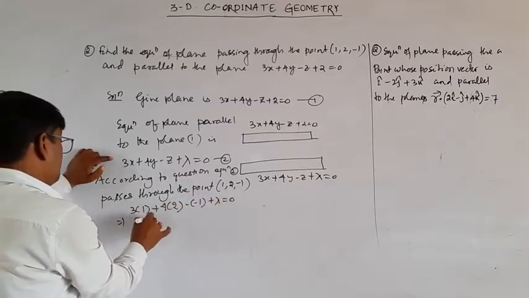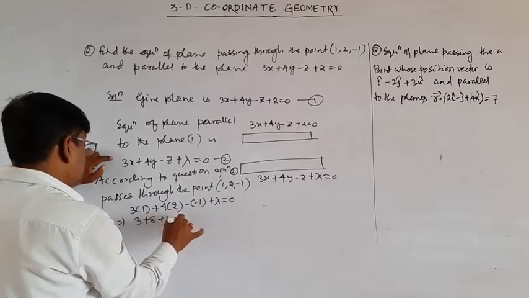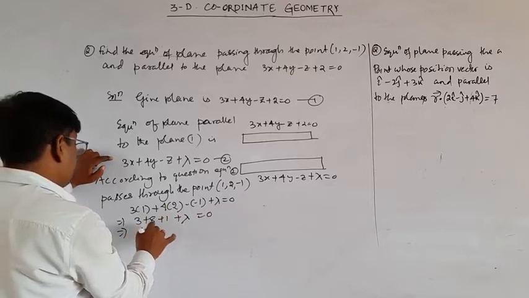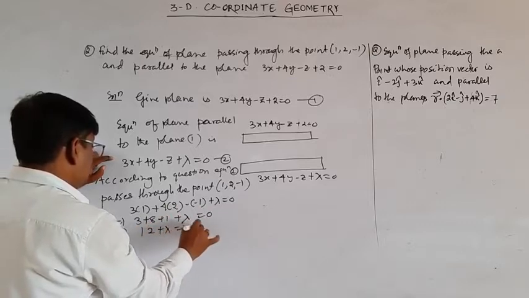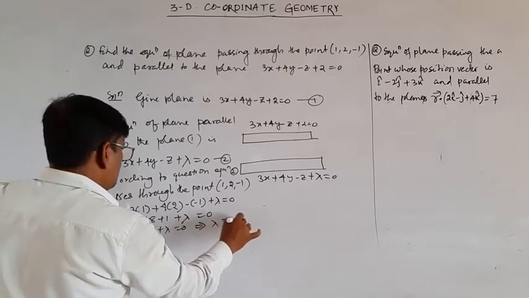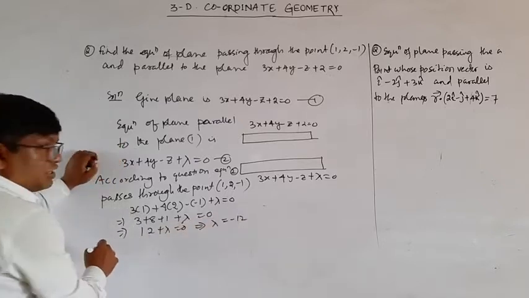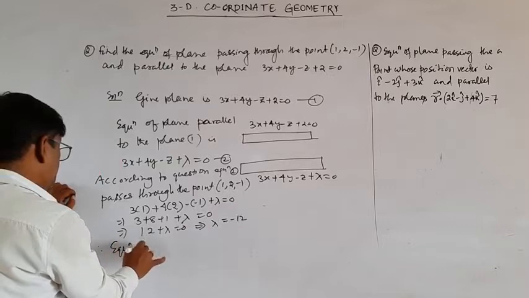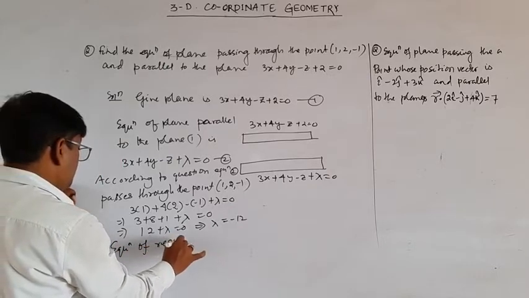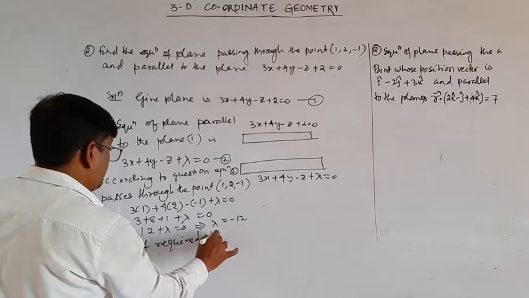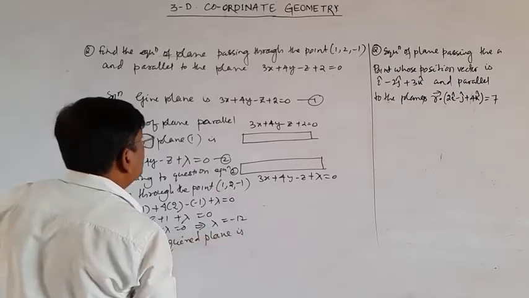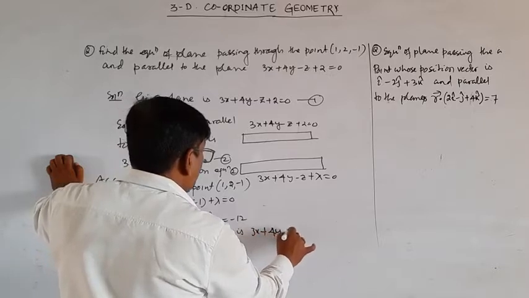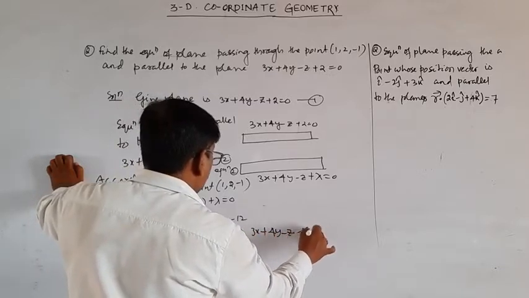So 3 + 8 + 1 + lambda = 0, that is 12 + lambda = 0, which implies lambda = -12. Therefore the equation of the required plane is 3x + 4y - z - 12 = 0.